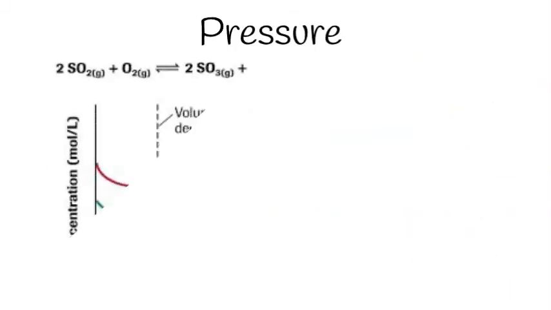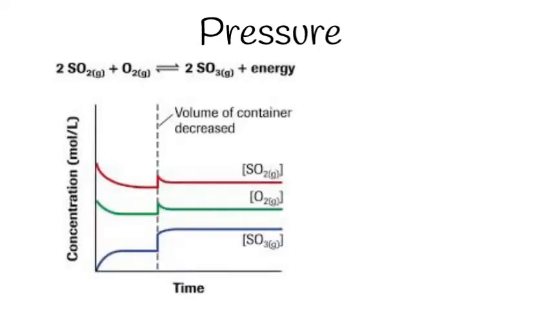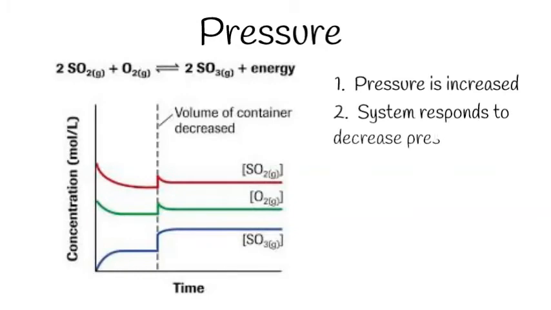Let's take a look at how we could write an answer about how a system responds to a change in pressure. Consider this equation here, and the change imposed is that we decrease the volume of the container at the point shown. The first thing we need to state is that decreasing the volume of the container increases the pressure. If the pressure is increased, the system must respond in the opposite to decrease the pressure.